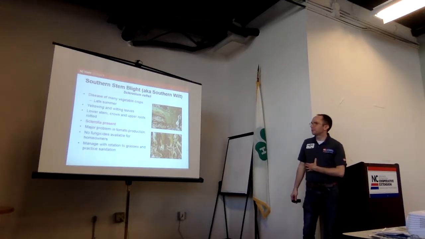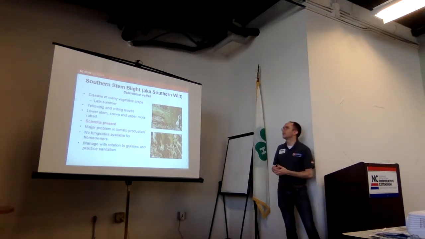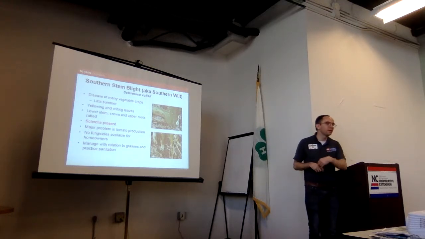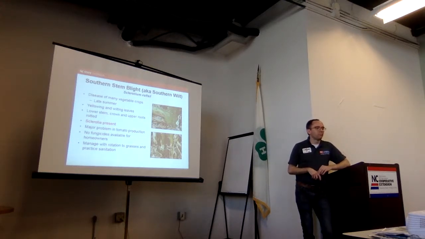I won't go into too much on these, but another fun one is southern stem blight or southern wilt. This is not a wilt disease per se, but more a blight in its behavior on the plant. It's a disease of many vegetable crops, but primarily solanaceous crops, so eggplants, tomatoes, and peppers.